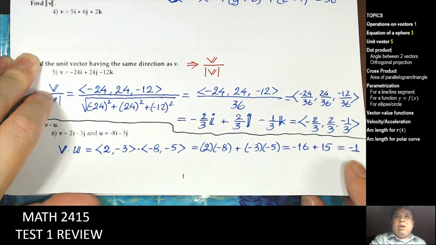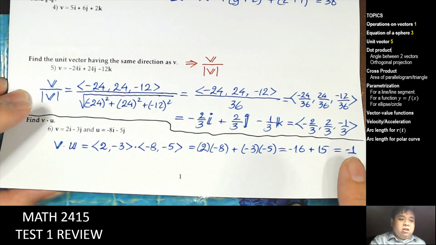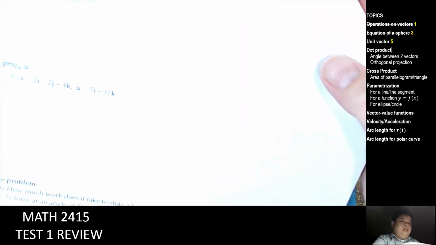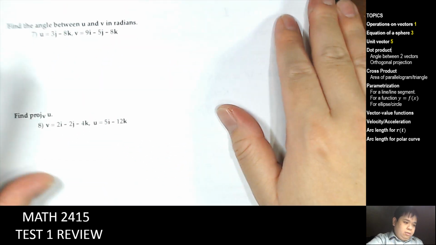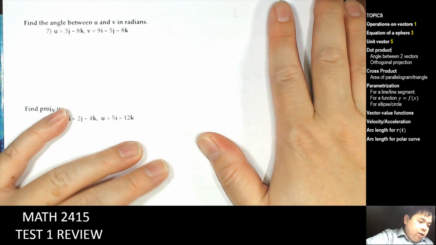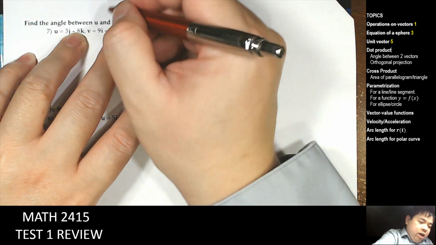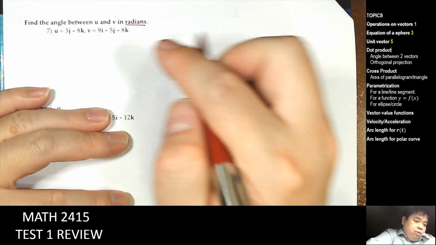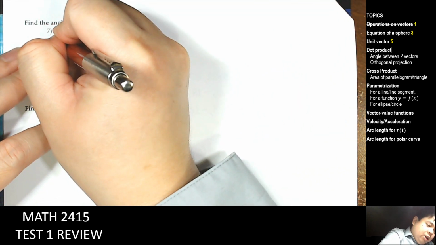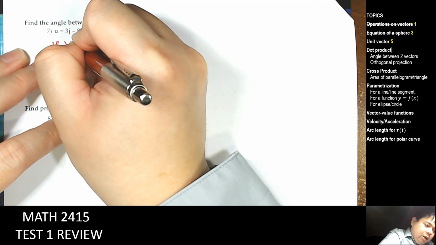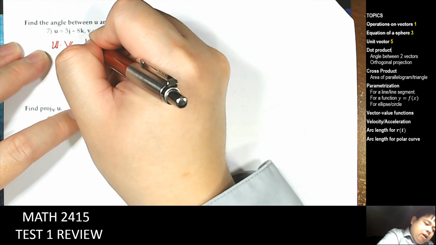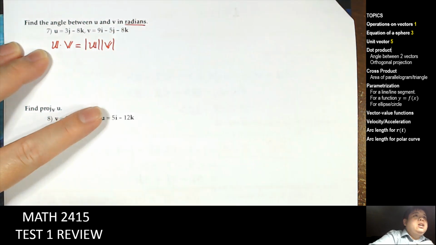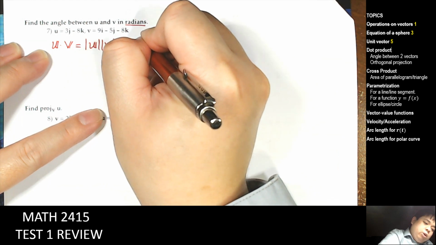The dot product has two applications: angle between the vectors and the orthogonal projection. We're going to go there. So find the angle between u and v in radians. In general, this is the definition of the dot product. U dot v equal to the magnitude of vector u times the magnitude of vector v times the cosine of the angle in between.